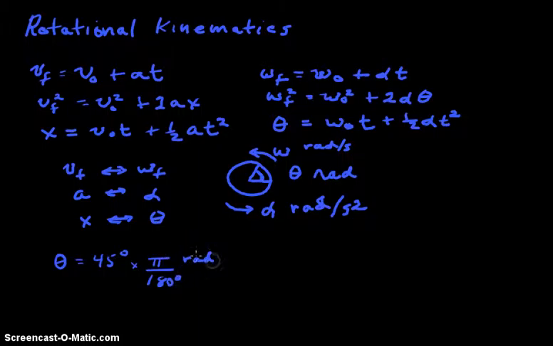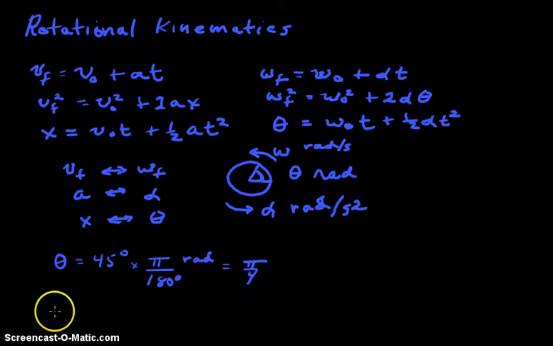You might recall from trigonometry that a radian is really a unitless dimension or unit. You could go back and refresh your memory on that. But anyway, 45 degrees is just pi over 4 radians then.